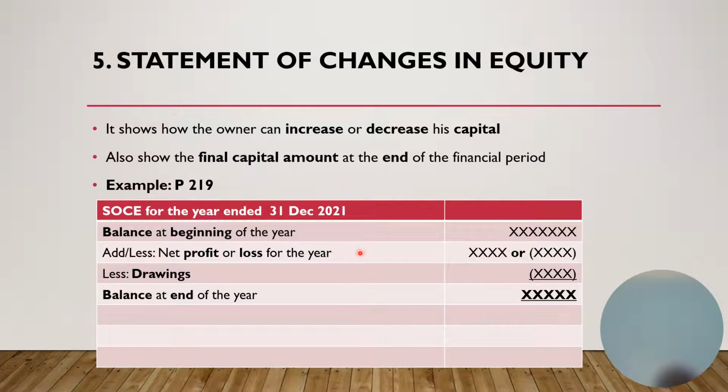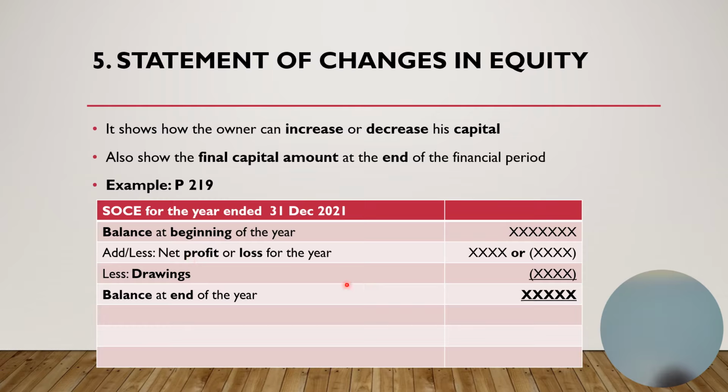Now this is the example of the statement of changes in equity, on page 219. This is the title for the year ended 31st December 2021 according to our example. How do we do it? You take the balance of capital at the beginning of the year, you put it there, and then if we had net profit from the income statement, you add that net profit.